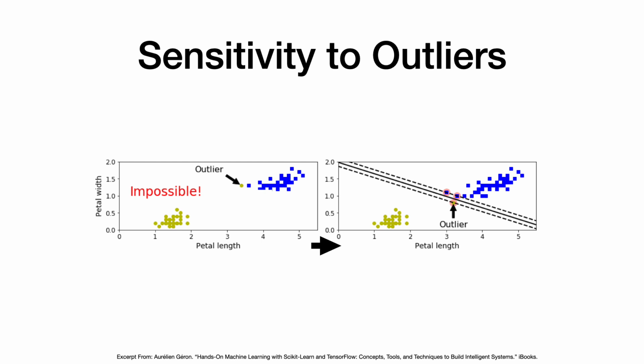And so the optimization gets infeasible in such cases. And this happens, for example, if the class distributions are sort of overlapping and so cannot be linearly separable.